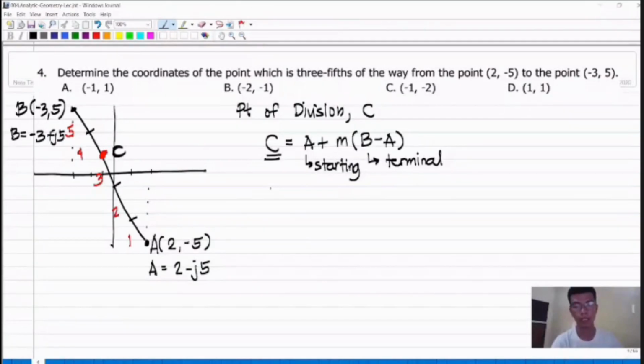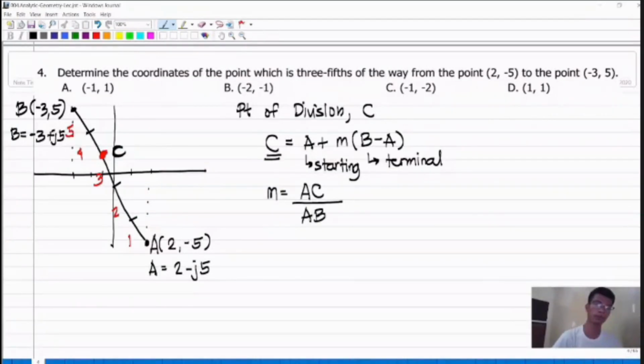The M is always the distance from point A to C divided by the distance from point A to B. Kumbaga, kung ilang hati yung napunta kay A to C at saka kay A to B. So, ilista natin yung given na gagawin natin.